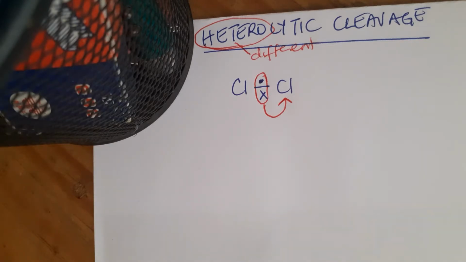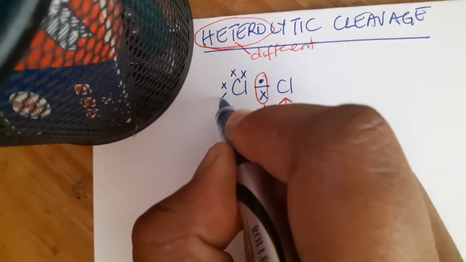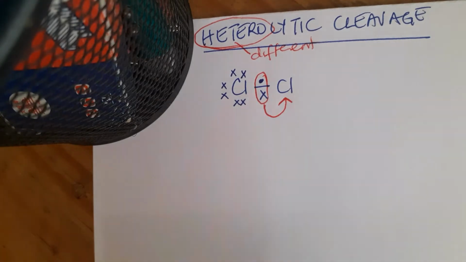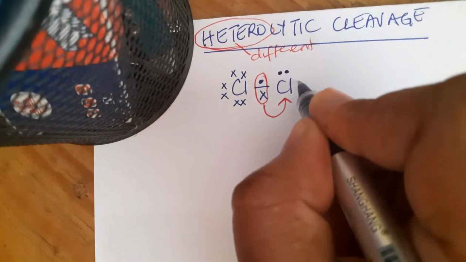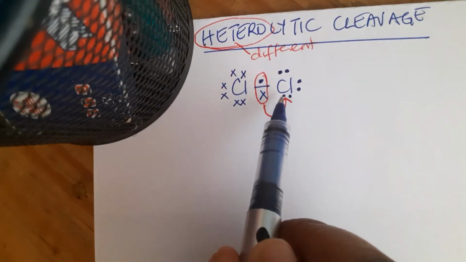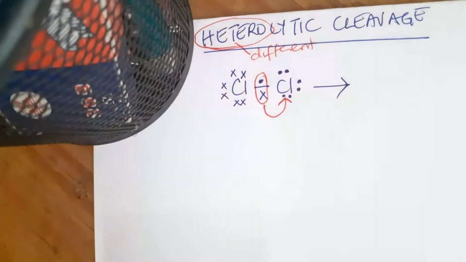But let's now look back at what the chlorines looked like before they were bonded. Remember, this chlorine originally had 7 electrons, but it had given up 1 for bonding, while this chlorine also had 7 electrons, 1, 2, 3, 4, 5, 6, and that 7th one which it had donated for bonding. So if it breaks in a heterolytic manner, what will happen?